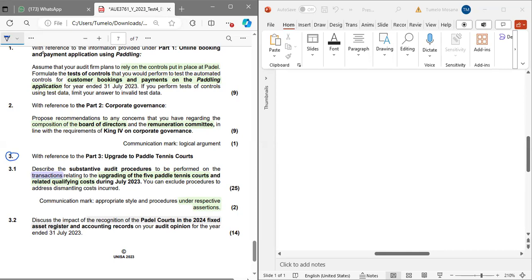Now we are required to formulate substantive procedures to be performed on the transactions relating to the upgrading of 5 pedal tennis courts and related qualifying costs during July 2023. We can exclude procedures to address dismantling costs incurred.